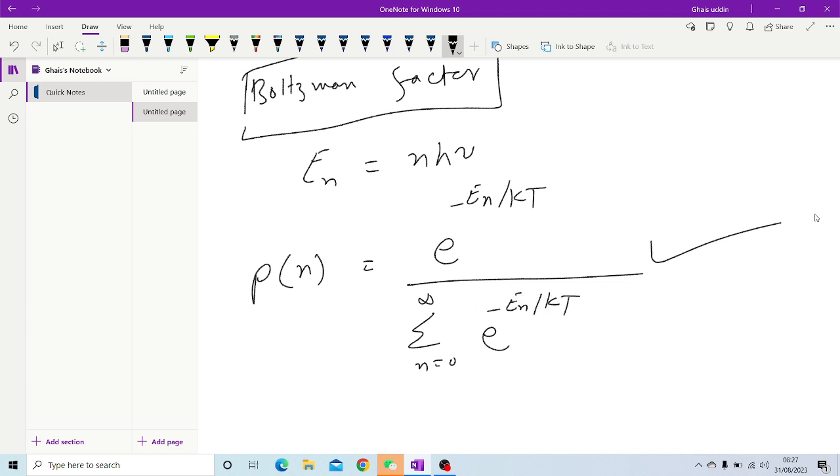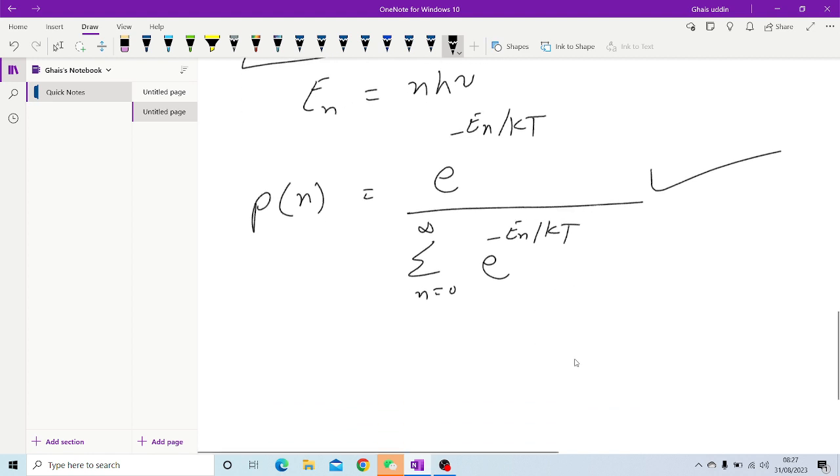This is the Boltzmann factor. The denominator is just so that the total probability is 1.